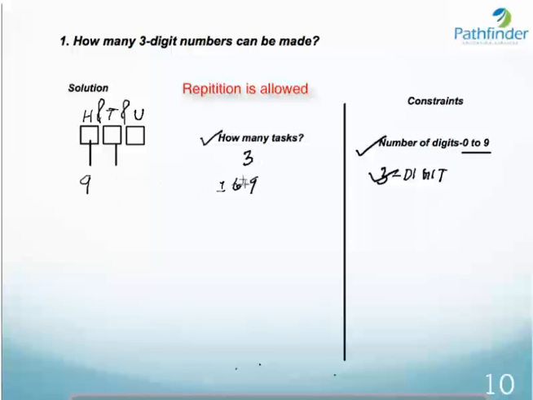Now, how many digits can fit the tens place? Obviously, there is no such constraint of not having a 0 on the tens place. So, all 10 digits can occupy the tens place. What about the units place? Units place, again, there is no constraint, so we can have any one of the 10 digits that fill the units place.